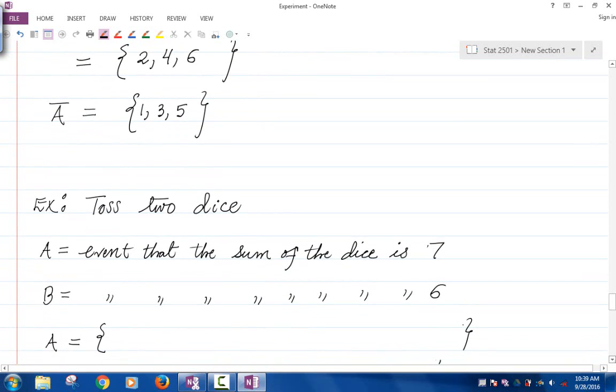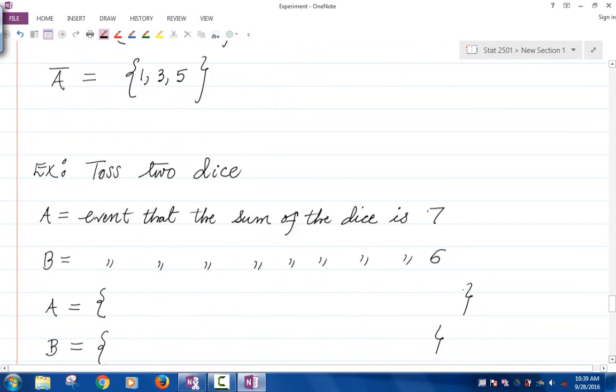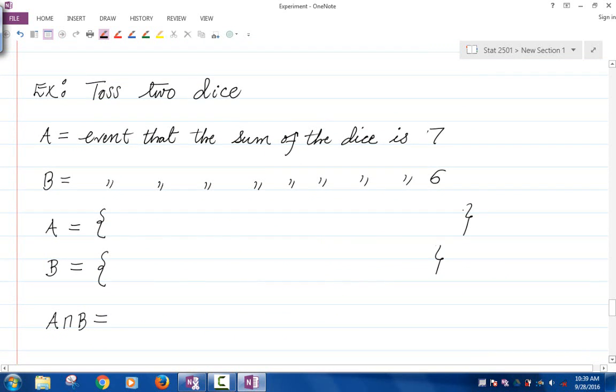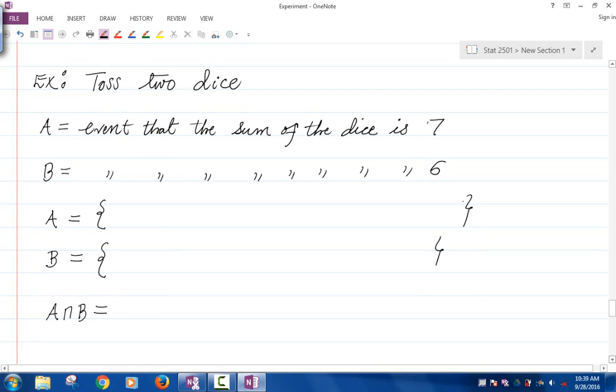Okay, now let's toss 2 dice. If we toss 2 dice, let A be the event that the sum of the dice is 7, and B be the event that the sum is 6.